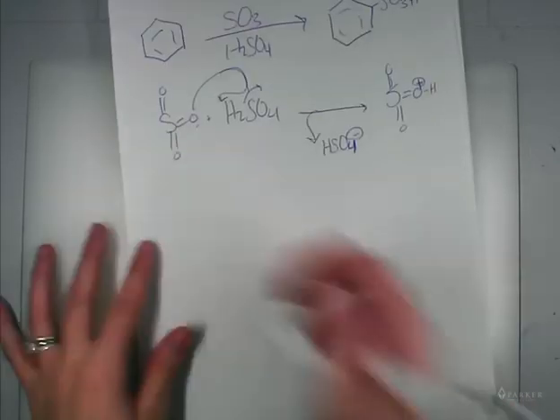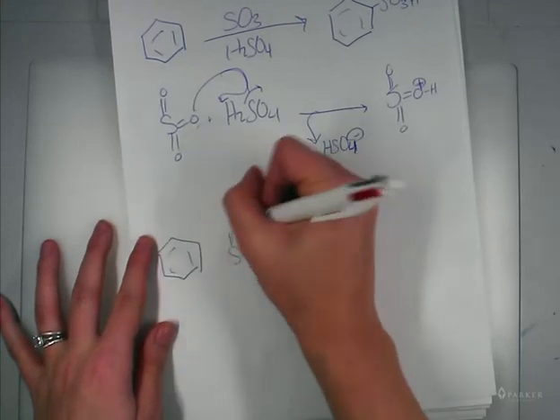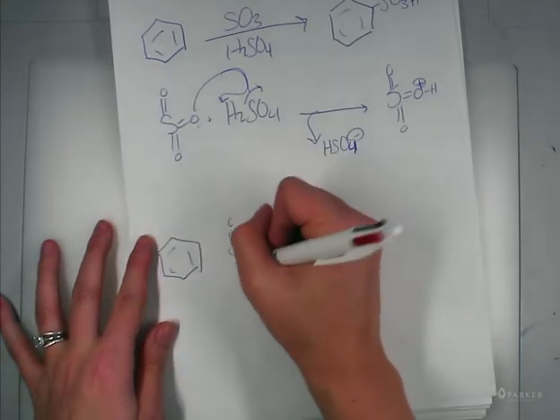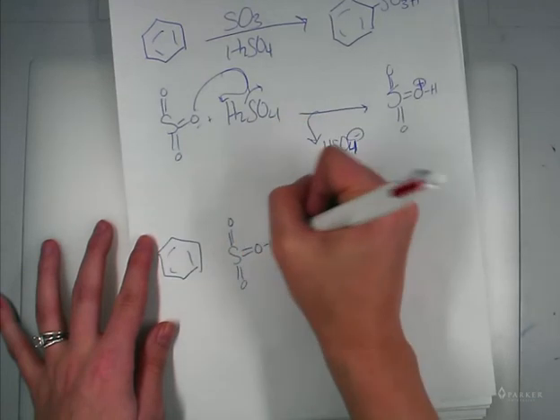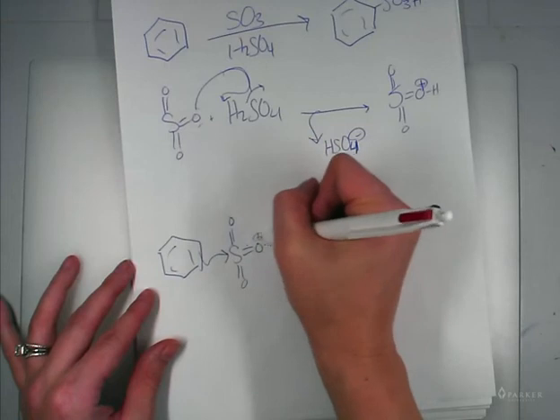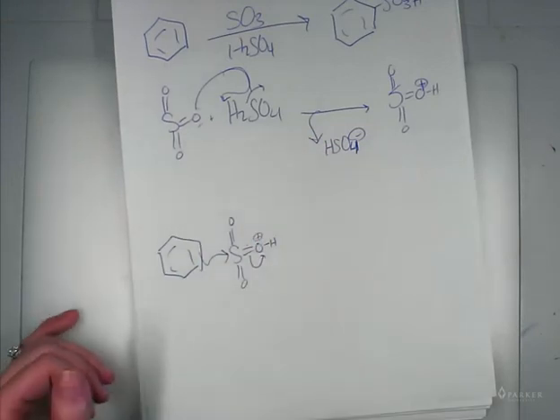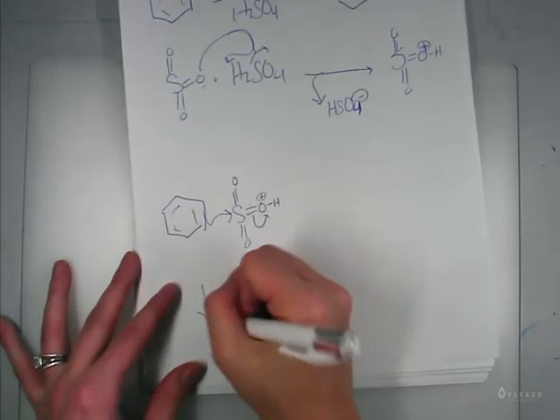And what's the next step? Benzene. It's going to make a bond to the sulfur, which pushes the double bond to oxygen up, those electrons.